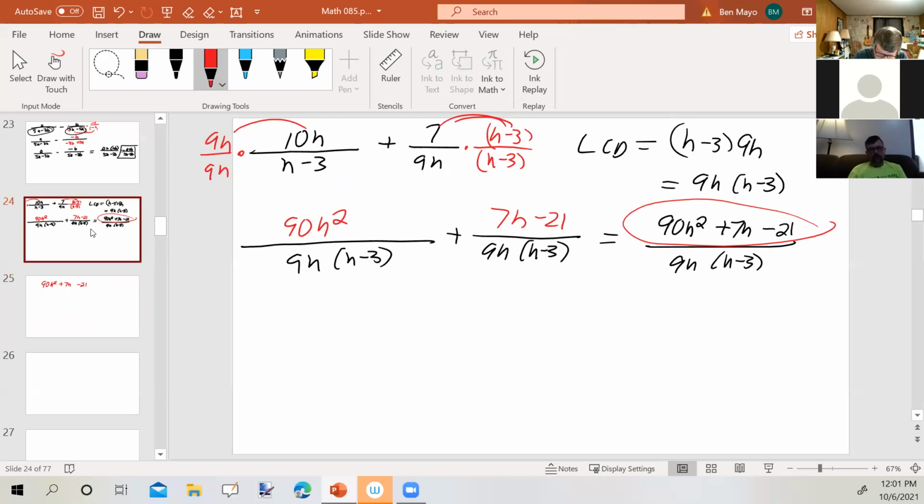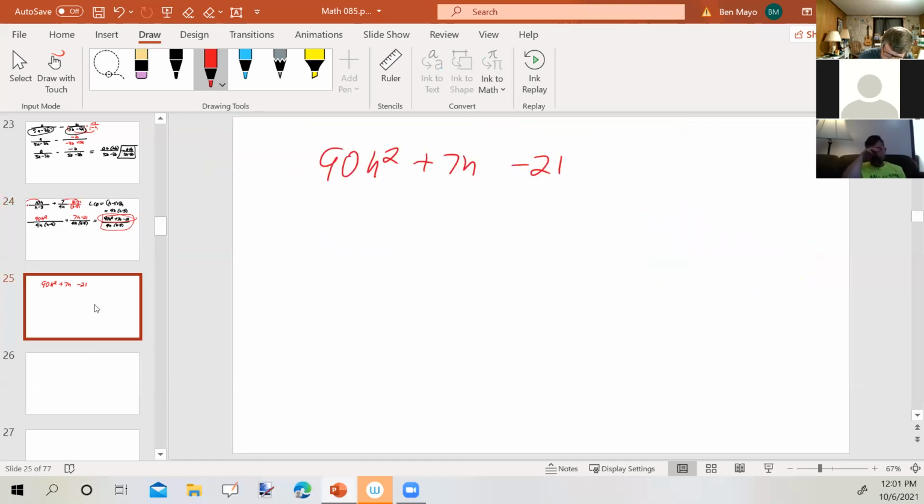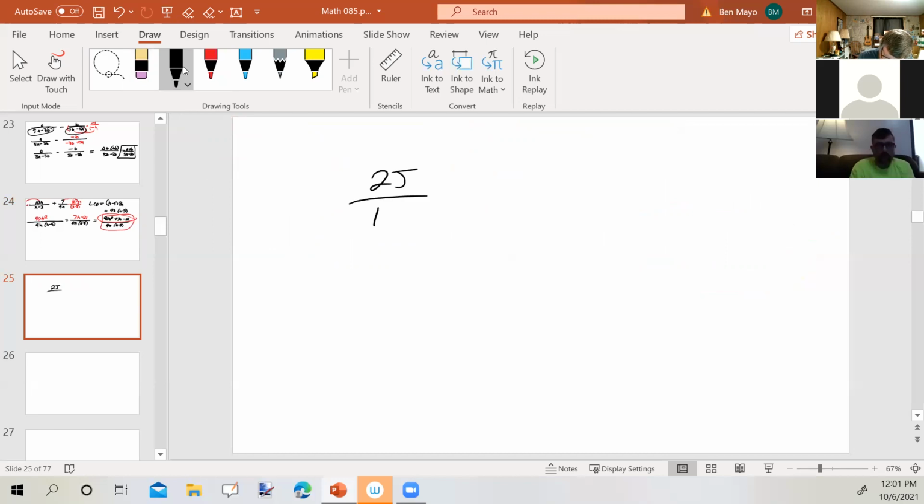If this fraction is going to reduce, that means that the numerator and the denominator have to share a common factor. Let me give you an arithmetic example. Let's say I've got 25 over 18, okay?